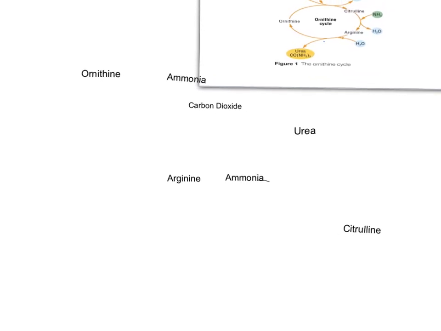So, as we said, ammonia is produced by the process of deamination, and what happens is that ammonia is fed into this cycle. It reacts with a substance called ornithine, okay, and ammonia and carbon dioxide both feed into this cycle.